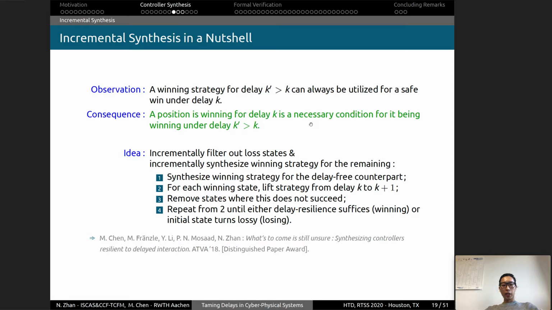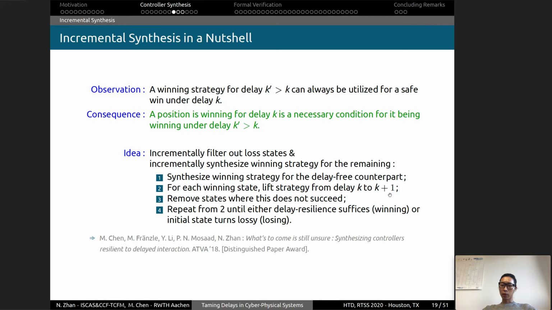The basic idea of this incremental synthesis is that we increase the delay step by step, and in between it gives us the possibility to remove all the states that are already unwinnable. For the first step, we synthesize a winning strategy for the delay-free setting, and as I said, we already have an algorithm for that. The next step is to lift the delay k to k plus 1.